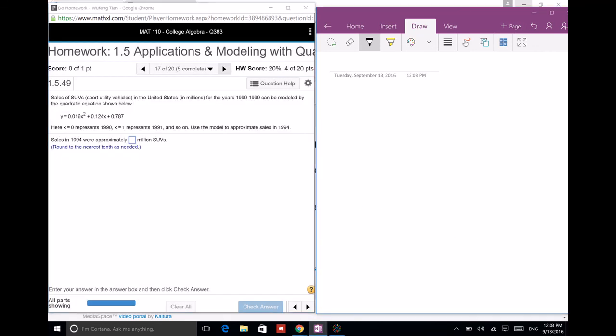The sales of SUVs in the United States from 1990 to 1999 can be modeled by the quadratic equation below. Here x equals 0 represents 1990, x equals 1 is 1991, and so on. Now it asks you for x equals 4, so that's going to be 1994.